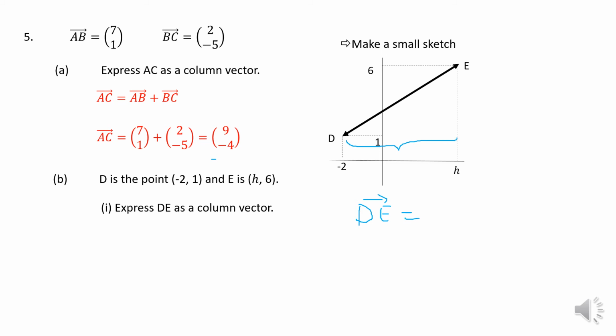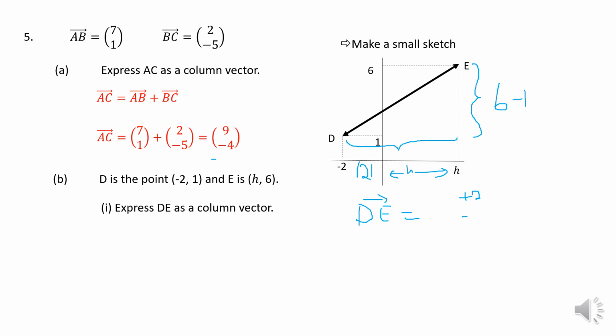This particular distance is these 2 units, the absolute value of that, plus this little h that you have, this distance of h. So that x will be nothing but h plus 2. And now to find our y, it has to be nothing but 6 minus 1, which is going to be 5. That's how we are supposed to do it if you are using a diagram, just for you to be able to quickly remember.